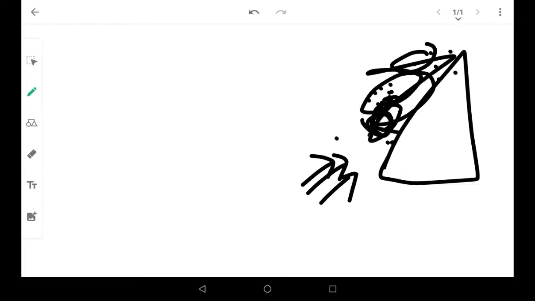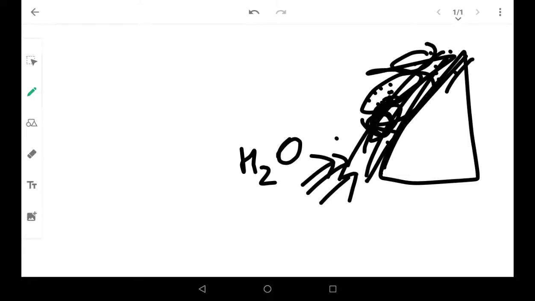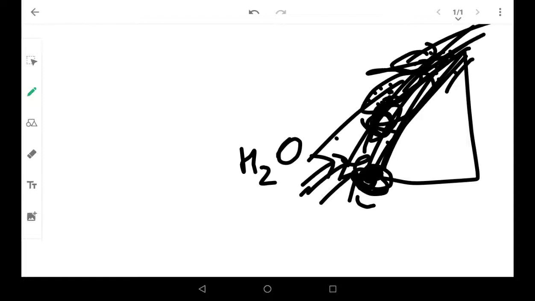Then what happens is water is made to flow uphill a ramp. So this is a ramp kind of thing, and water is made to flow uphill. Because the specific gravity of the heavier ore particles is much more than the lighter ones, when water flows this way, the denser and heavier ore particles settle down, and the lighter ones get washed away.